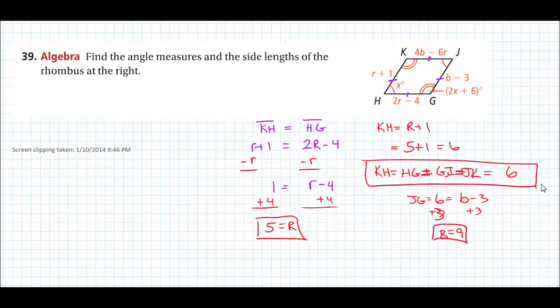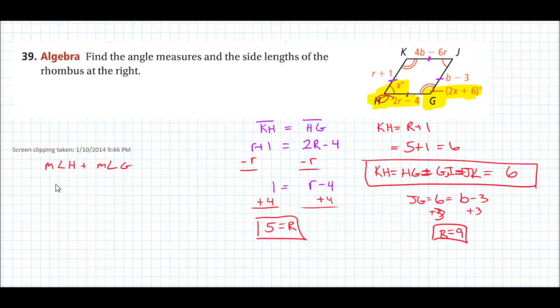Okay, what do we know about all parallelograms? Well, consecutive angles must have a sum of 180. So the measure of angle H plus the measure of angle G. H is this one right here, and G is this one right here.